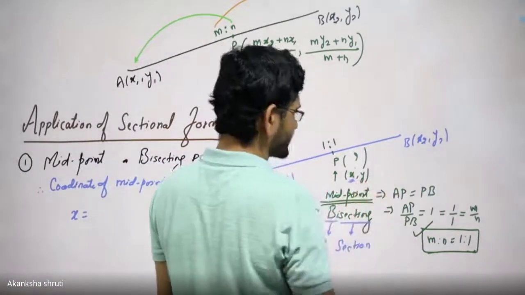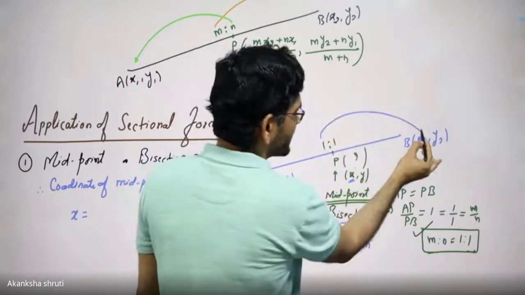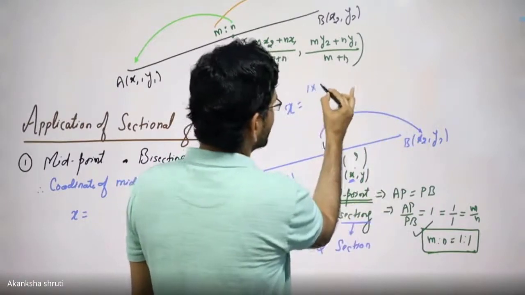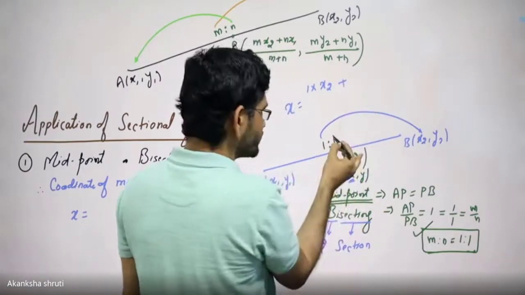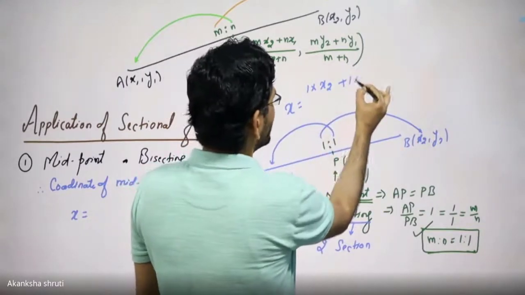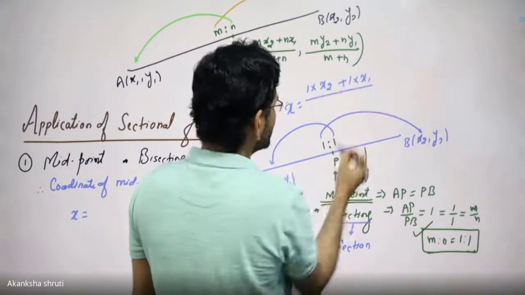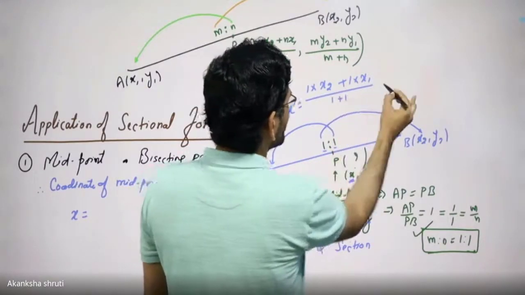For this x, take this one, multiply with this side, so 1 multiplied with x2, plus, take this one on the right hand side, multiply with this side, so 1 into x1. The ratio is 1 and 1, so 1 plus 1.